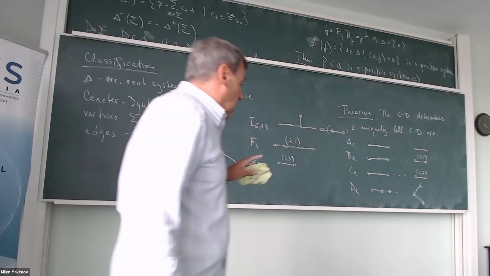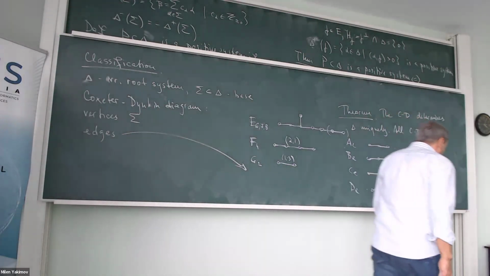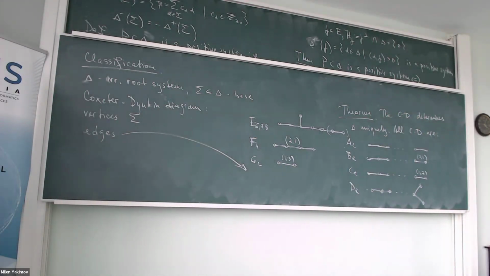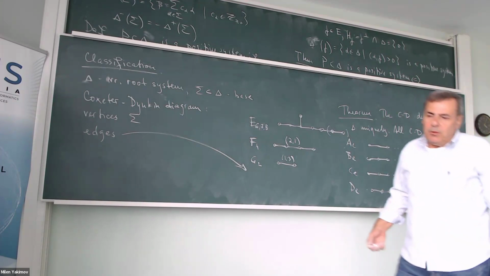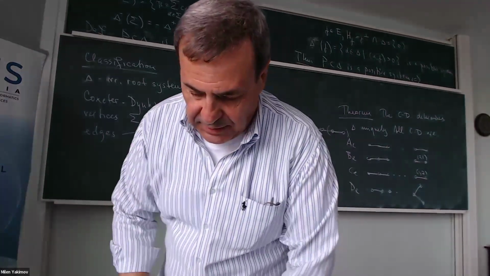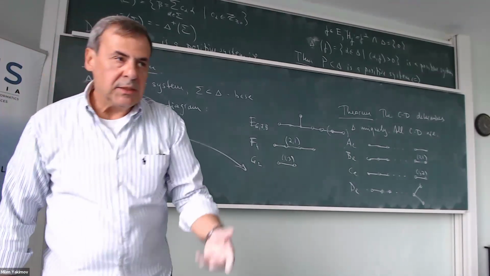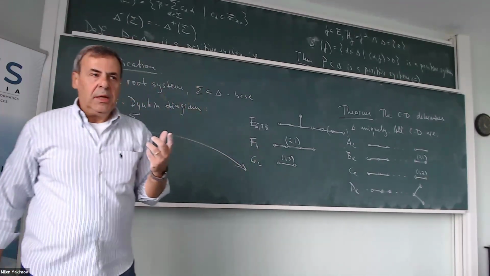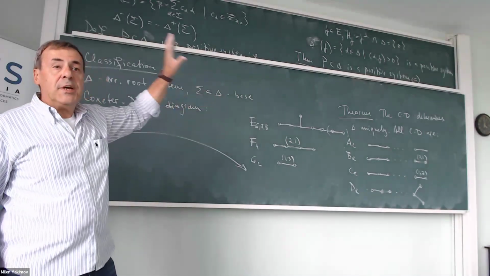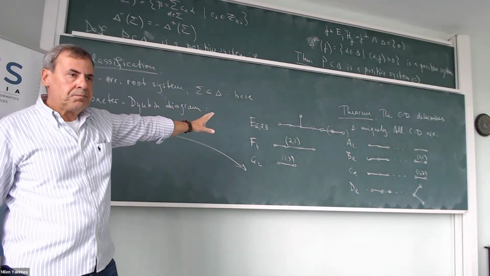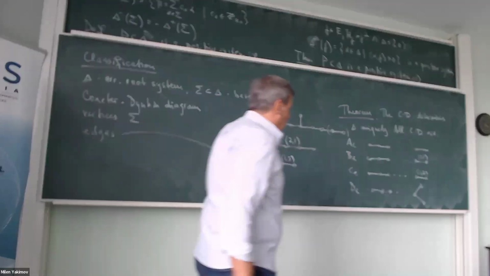And I want to point out the amazing thing that I think many people understand very well, and they don't feel that they should stress it. But for me, after thinking about this, I realized that the depth of the theorem is not in the classification. The classification is beautiful. The depth of the theorem is the following.